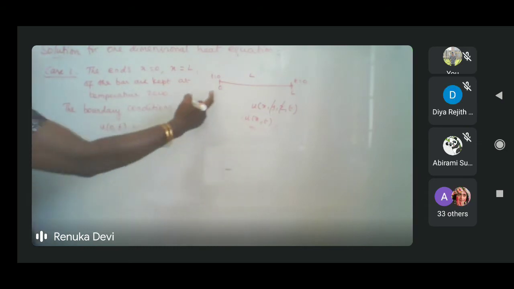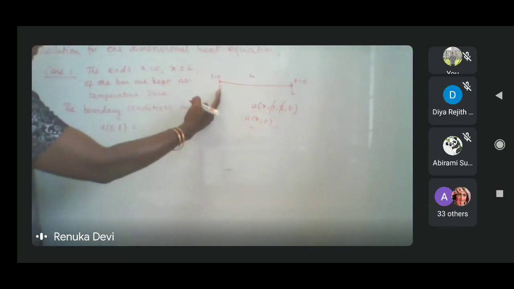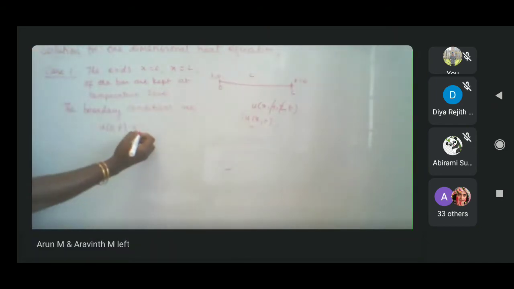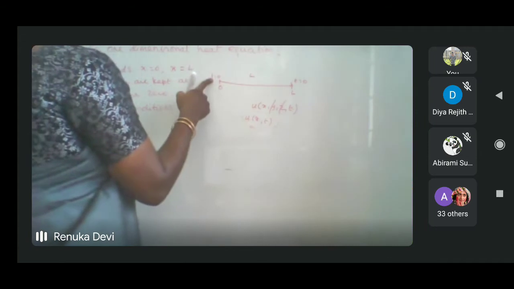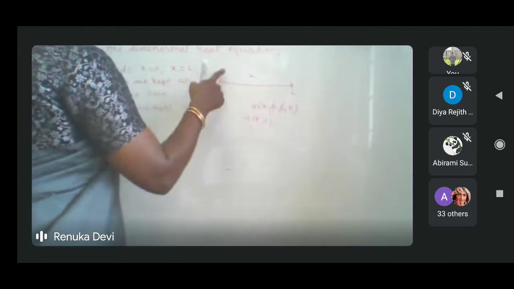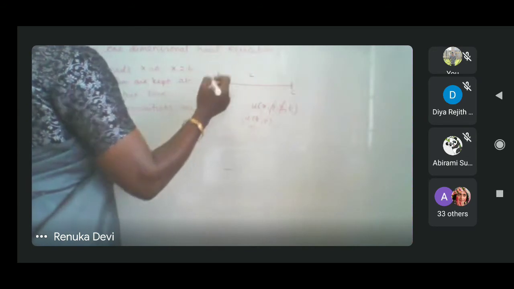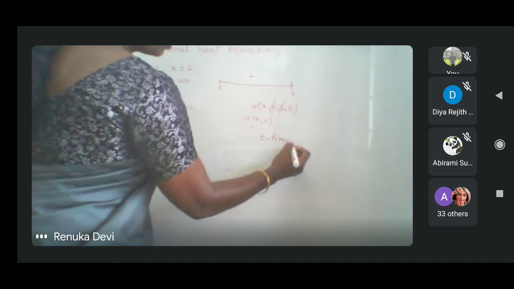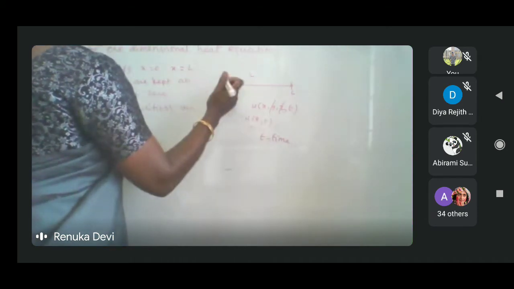So temperature at 0, temperature at L. What is the value here? It is 0. Here it is not T0. This t is time. So initially the time is 0. That is not a problem.